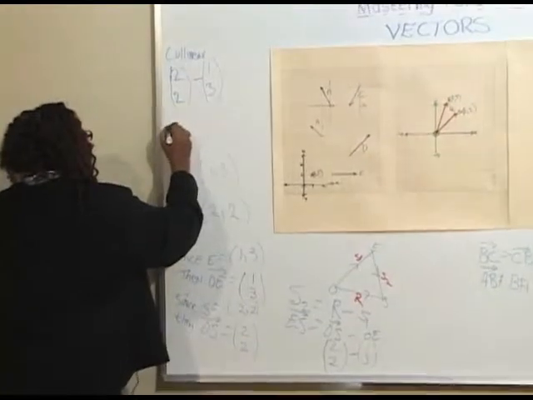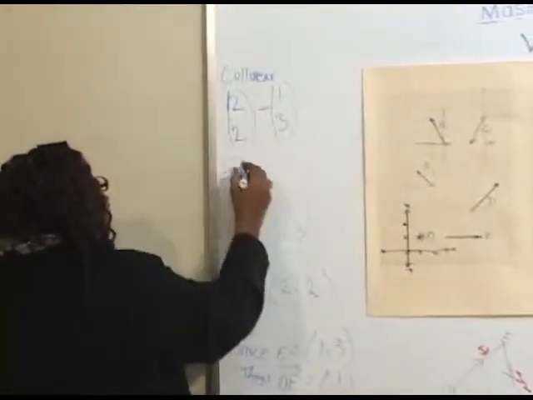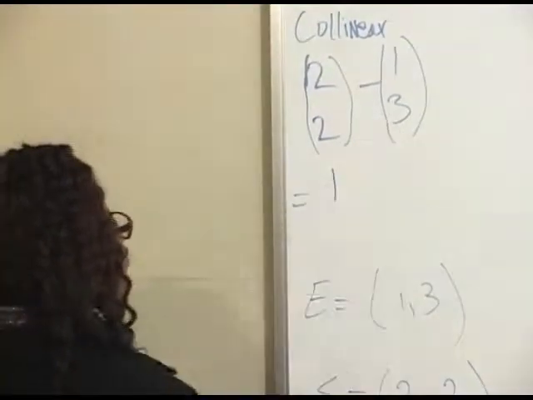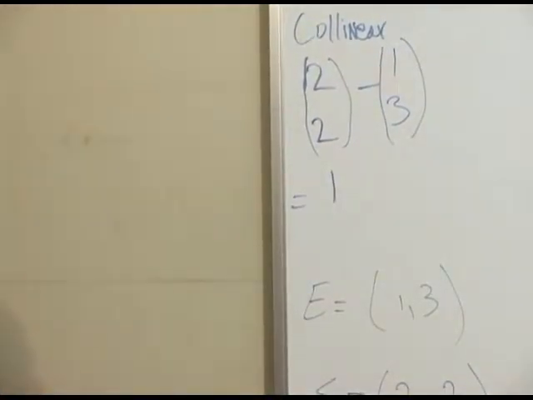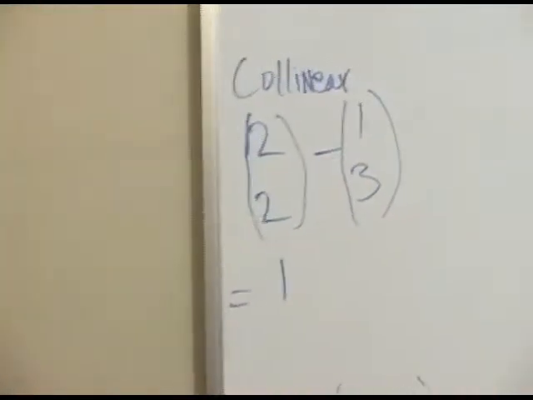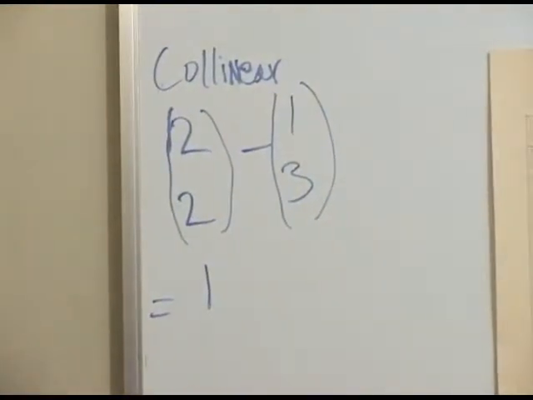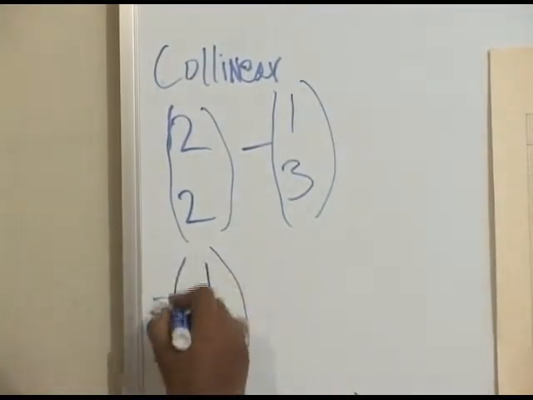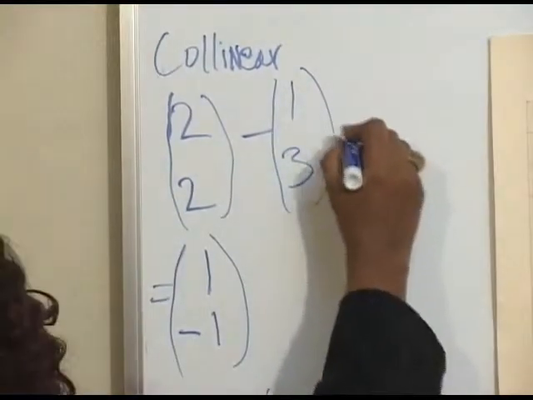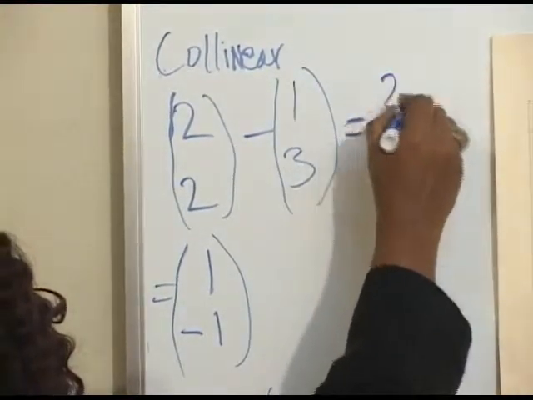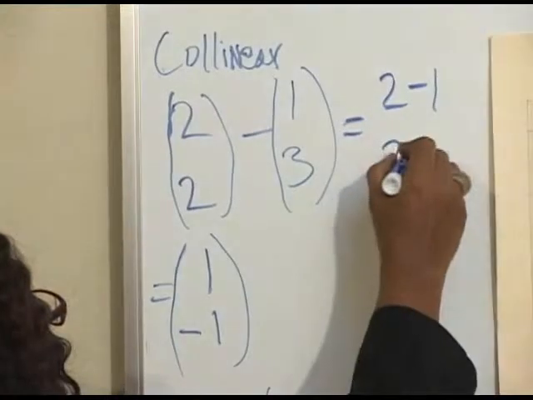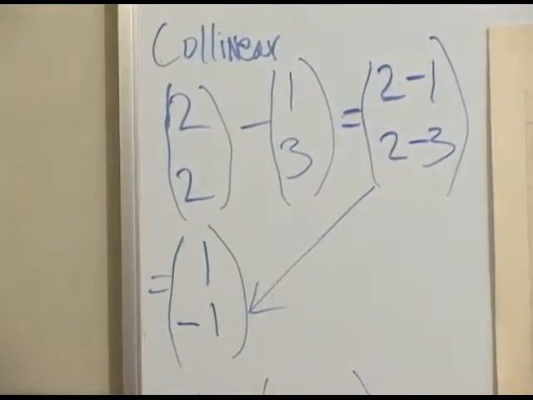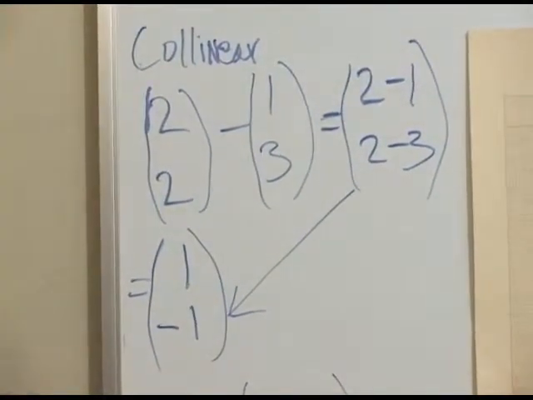And that we say would be equal to 2 minus 1 would leave us with 1. And this is 2 minus 3. Which number is bigger? The negative 3. So then it is bigger by how many? It would be 1, so it is negative 1. All right? I could show you that this would have been equal then to 2 minus 1 and 2 minus 3, and that is how we got this answer, 1, negative 1.